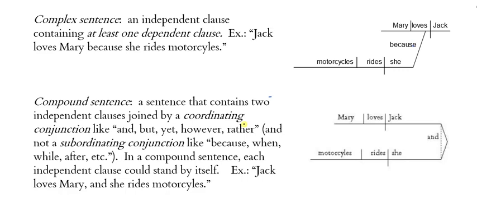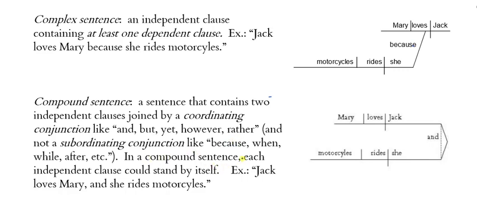One is not dependent on the other. One is not embedded inside the other. Rather, they are two independent clauses that have a conjunction that joins them as equally ranked clauses.